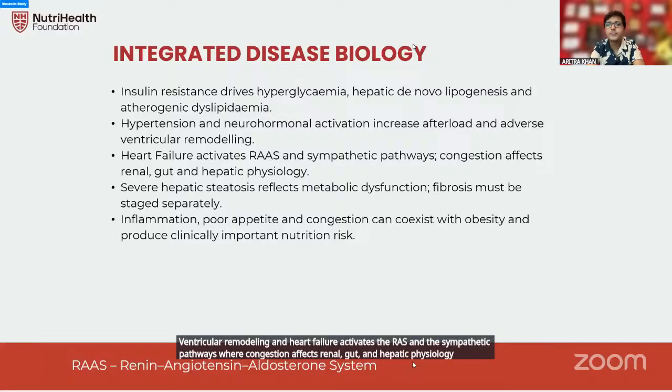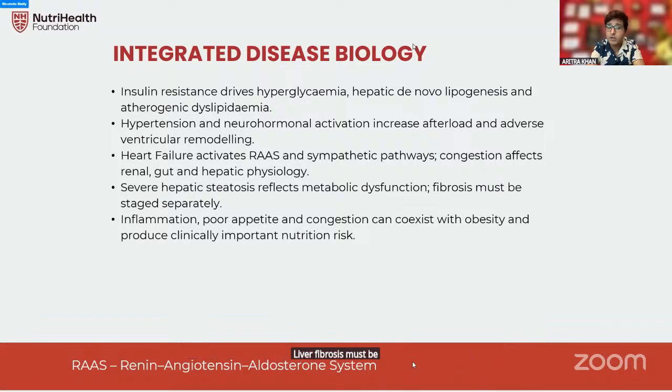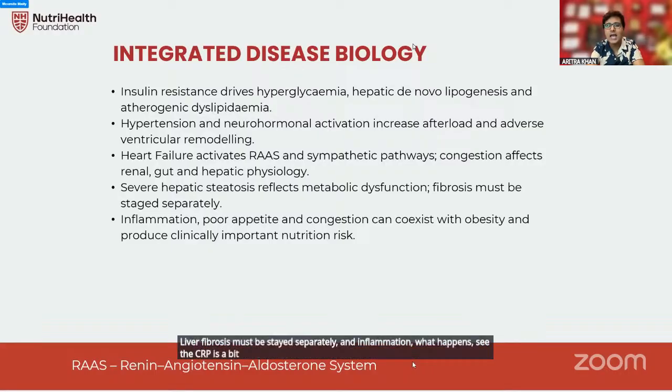This is the biology. And the severe hepatic steatosis reflects the metabolic dysfunction; liver fibrosis must be staged separately. And inflammation, where you can see the CRP is a bit higher, poor appetite, and congestion can coexist with obesity and produce clinically important nutrition risk.